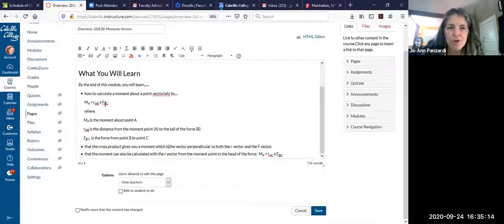So this force goes from B to C. And then my R vector goes from the point I'm finding the moment about to the tail of the force. And I'm going to say this a bunch of times today. So if you look at this, you could see, here's an A, here's an A, here's the B, here's the B. So there's a repeat of variables, point A and point A, and then depending on where the tail is, point B, point B.